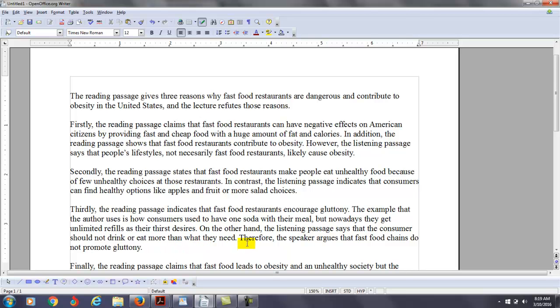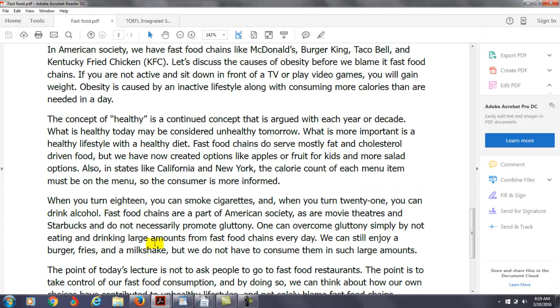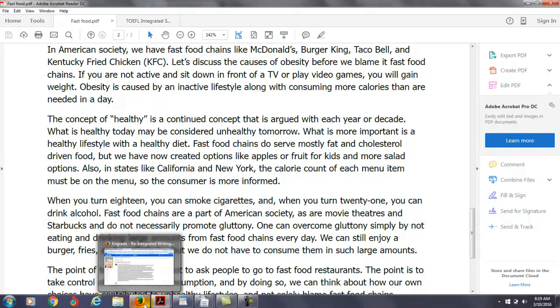okay, so let's check one more thing in the lecture here for a minute. So it's saying that they do not necessarily promote gluttony.